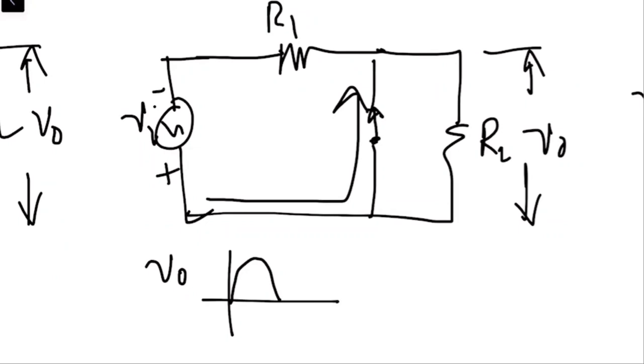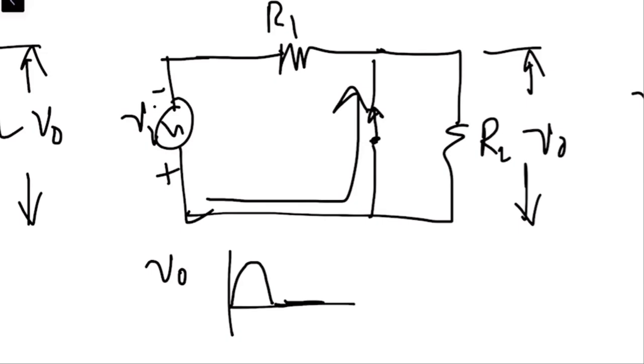And again, the output across the parallel combination of the diode and the load resistor RL will be, for the negative half cycle, flat. Are you with me? Question.